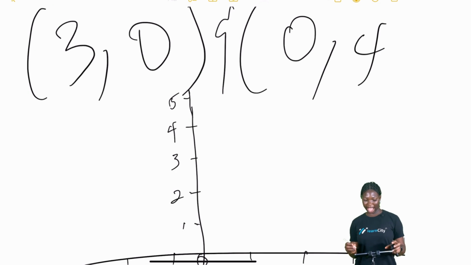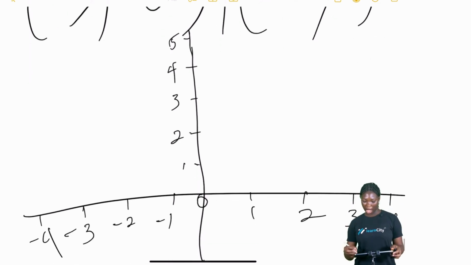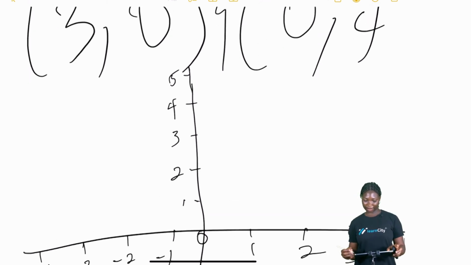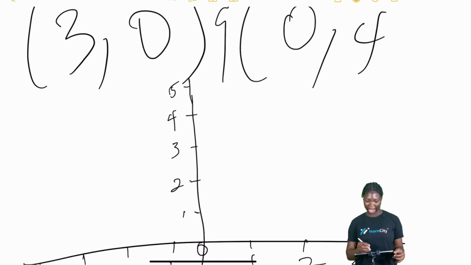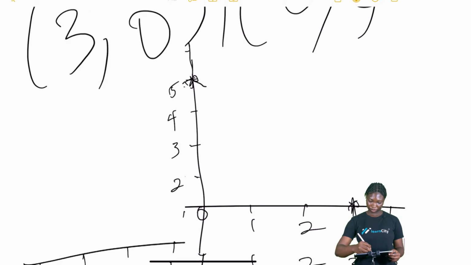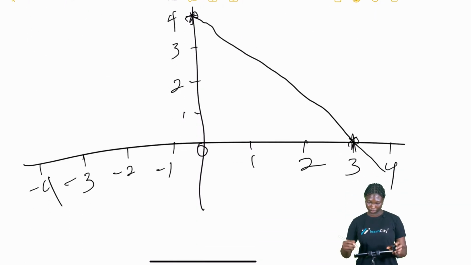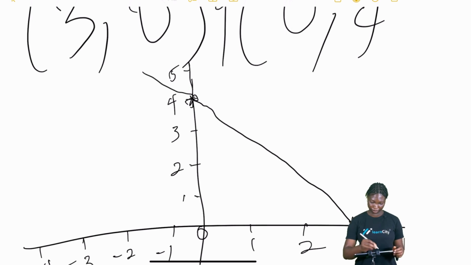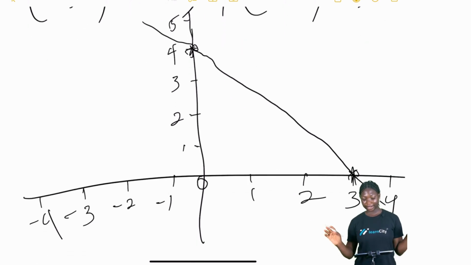So where we have x to be 3, our y is 0, and where we have x to be 0, our y is 4. So we have this.